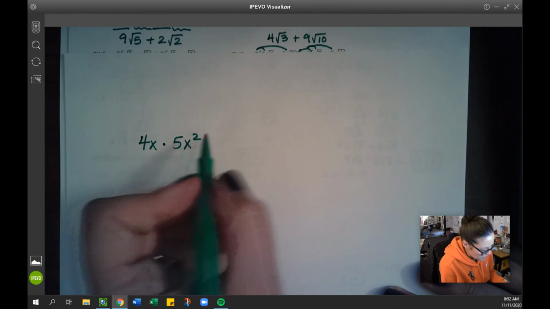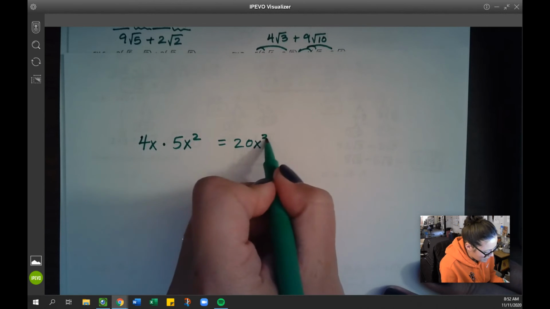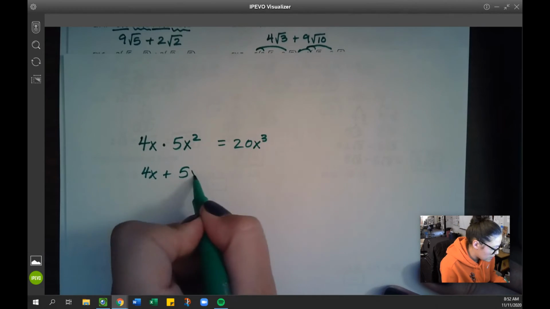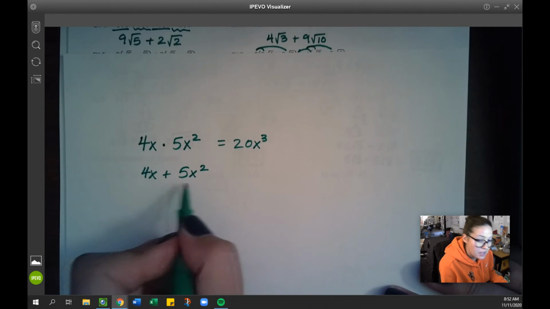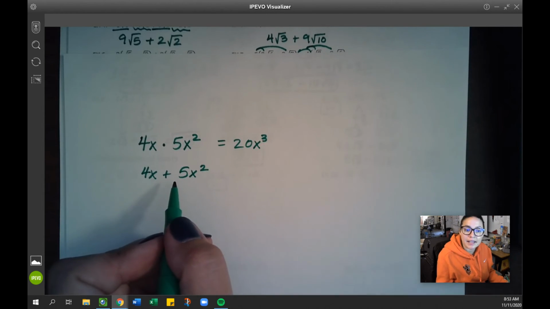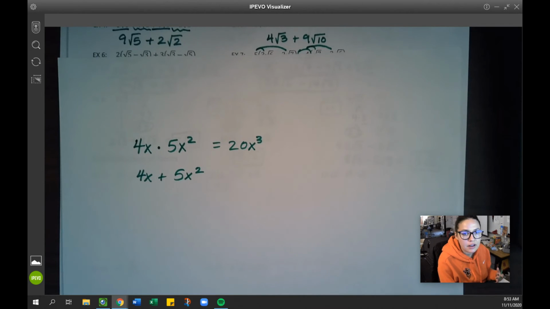I do 4 times 5 and get 20. X times x squared gives me x cubed. However, if I do 4x plus 5x squared, there's nothing I can do to combine these together because they are not like terms. And guys, the same rule applies for square roots.